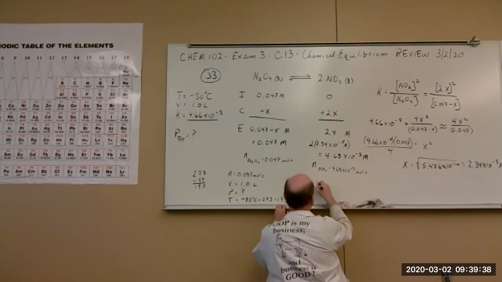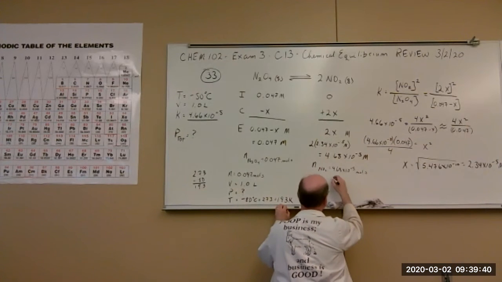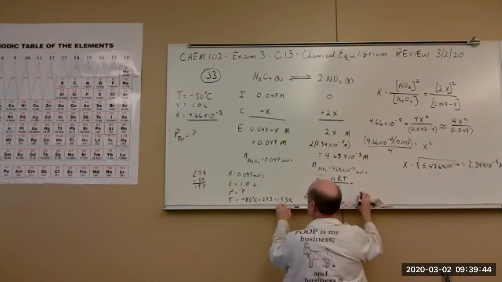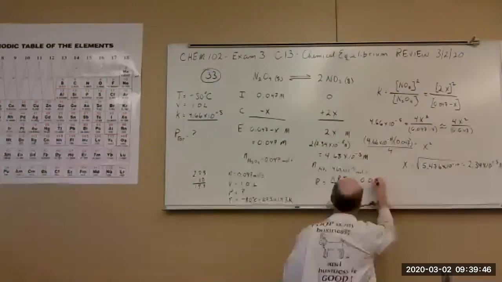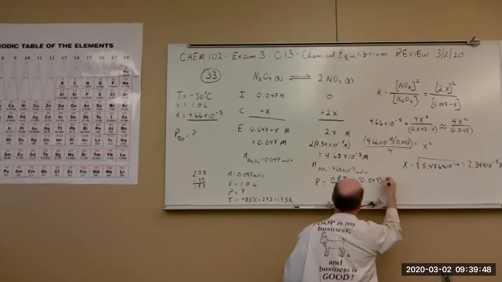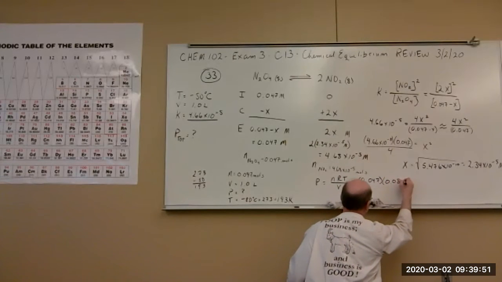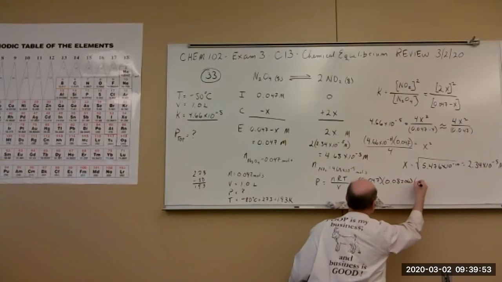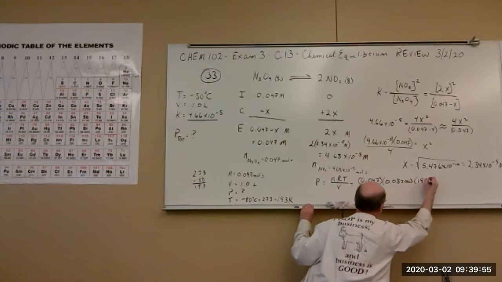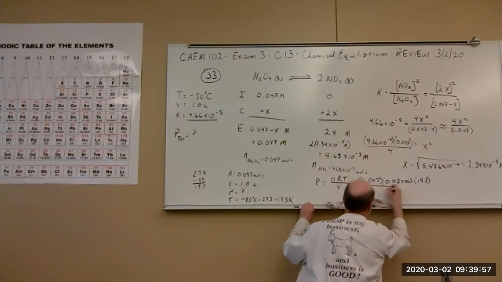All we need is P equals nRT. So the number of moles is 0.047, R, temperature, and volume.